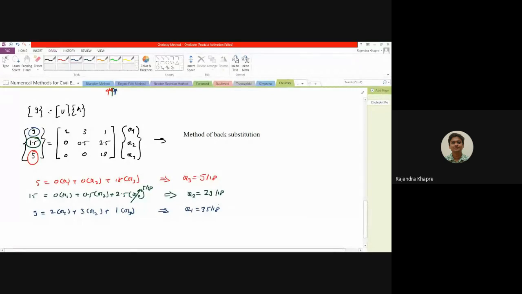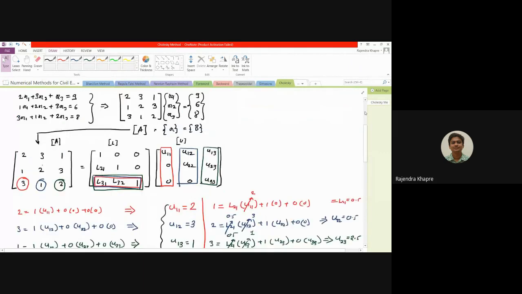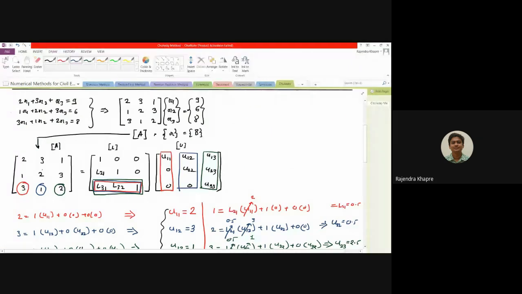35 by 18. So basically we are interested in solving the problem, and after solving it we are getting these answers. So this equation is now solved, and we know the values of x1, x2, and x3.